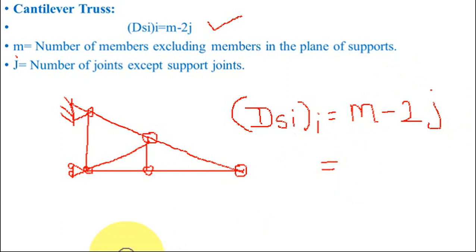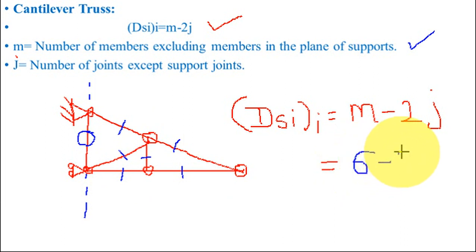While calculating the members, please read the meaning again: number of members excluding the members in the plane of support. Now these are the supports and this is the plane of the supports, and this member is in the plane of the support. So we have to ignore this member. Let us calculate the number of members: 1, 2, 3, 4, 5 and 6. So there are 6 members. So m is equal to 6.